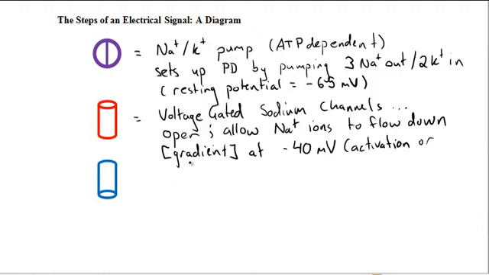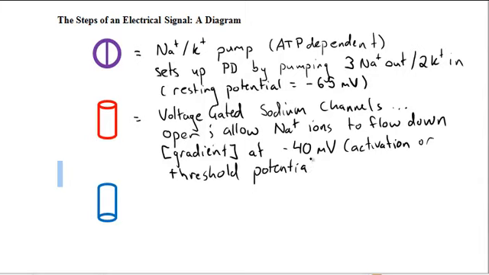So it's called the activation or threshold potential. So that starts the electrical signal flowing down the neuron.